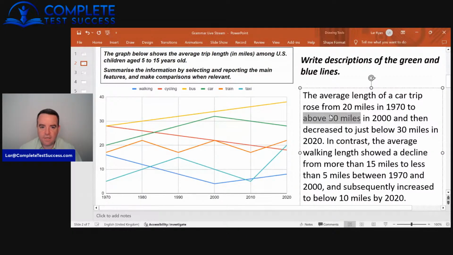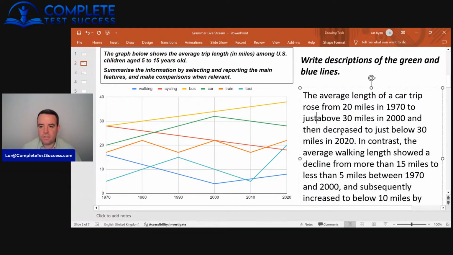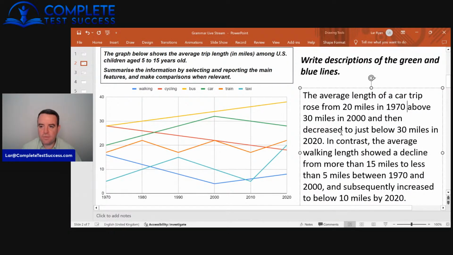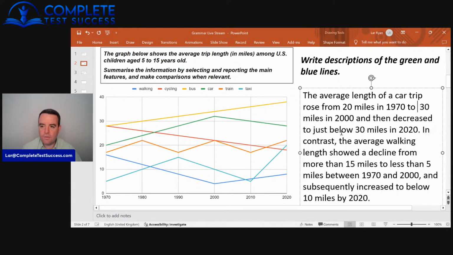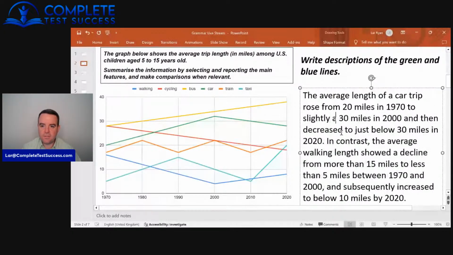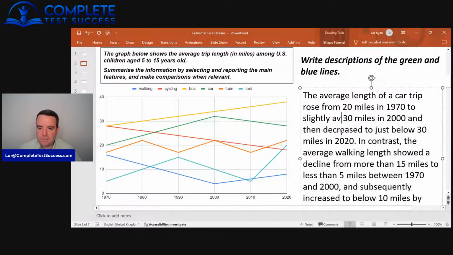Above 30 miles is fine. But I always feel like above 30 miles could be 50. So if we say just above or slightly above, I feel like we're being more accurate in our descriptions. We're saying how much above. So, "slightly above 30 miles in 2000 and then decreased." We need commas before and after "then." And then "decreased to just below 30 miles in 2020."